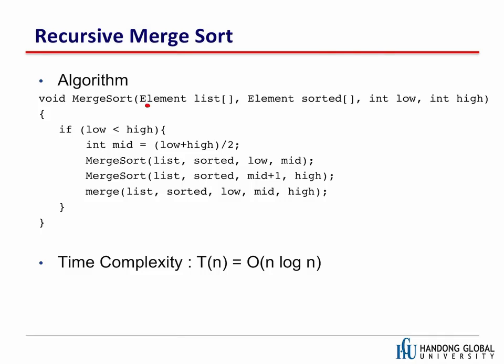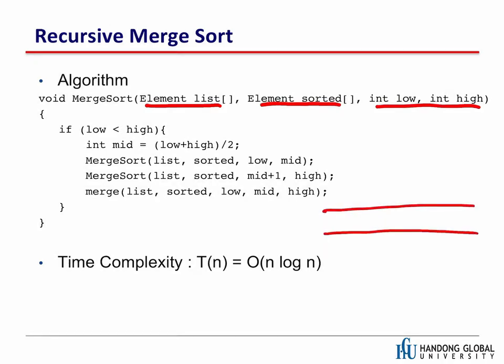So this is a full implementation of merge sort. Given this list and the output list, we have two integer variables, low and high. Originally when we call this merge sort from the main function, low will be 0 and high will be n-1.